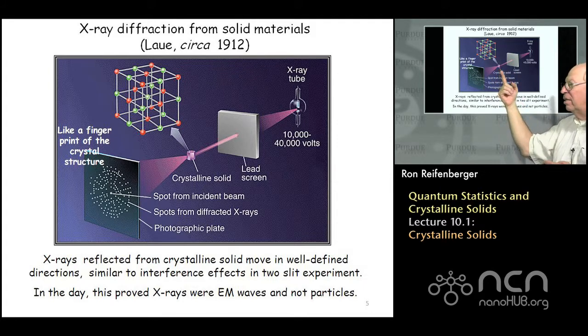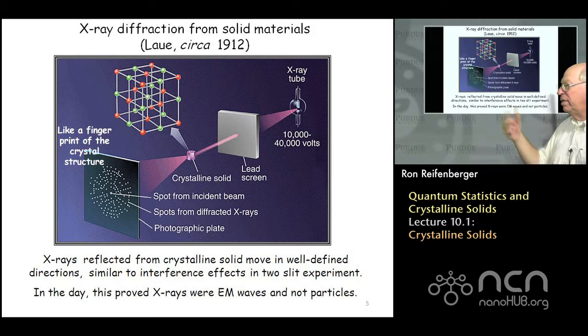If you then looked at the X-rays scattered from that crystalline solid, which you found on, let's say, a nearby screen or on a photographic plate, you found a collection of spots. The spots also often ordered themselves in highly symmetric patterns, and the symmetric patterns that were observed were directly related to the symmetry of atoms in the crystalline solid.